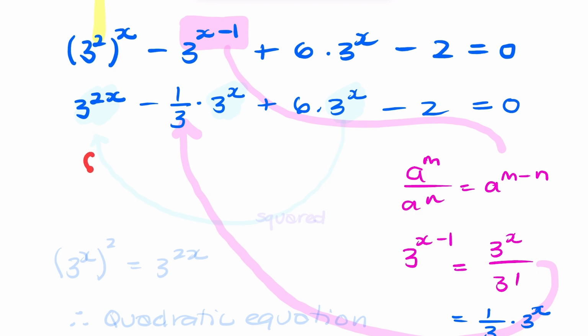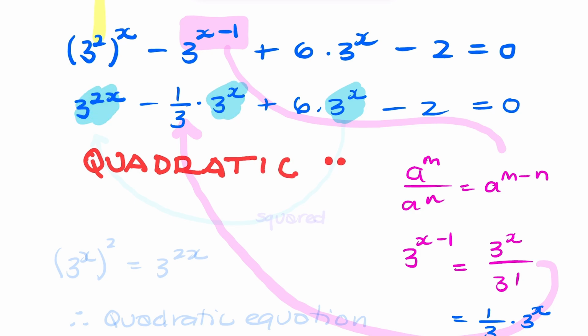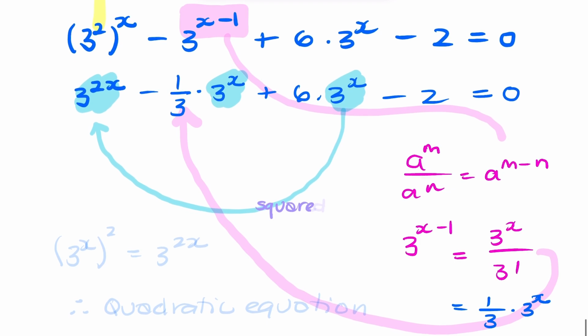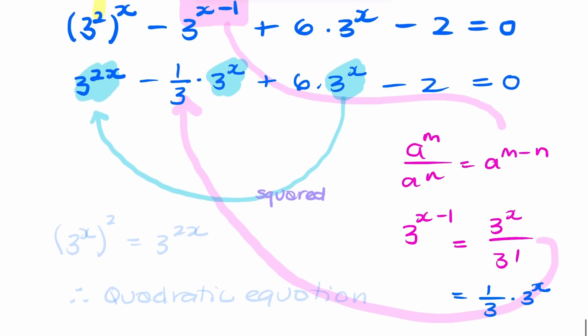So now, if you look carefully, you will see that we have 3 to the power x, and we have 3 to the power 2x. So if you were to square the 3 to the power x, you would get 3 to the power 2x.